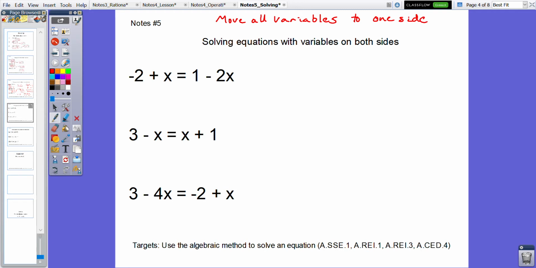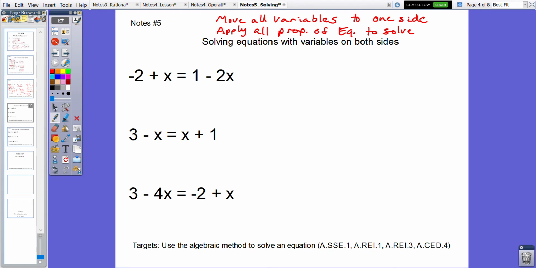And then after that, we want to make sure that we're applying all properties of equality to solve.